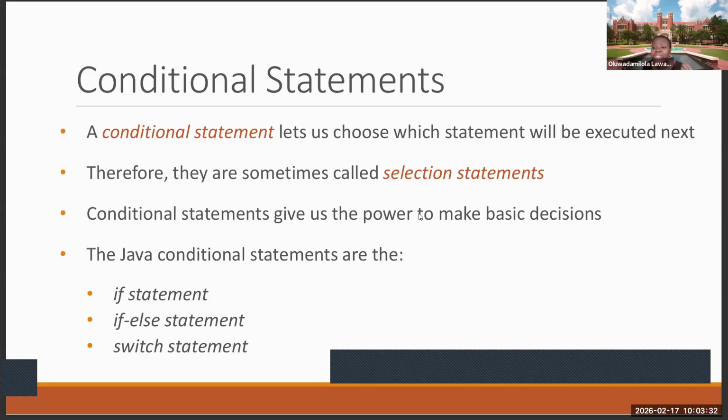Interrupt me, ask questions, unmute yourself and ask, or use the chat. It is very important we understand this concept. I can't emphasize this enough. So the if statement is telling the computer: if this condition is met, do this. The if-else is saying: if this condition is met, do this, else do this.